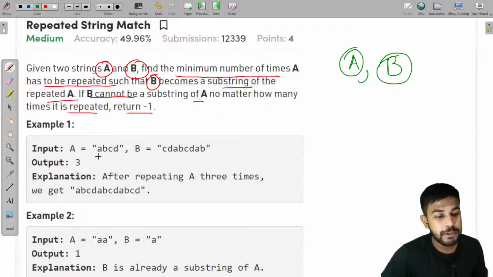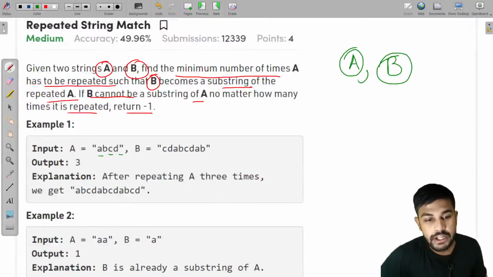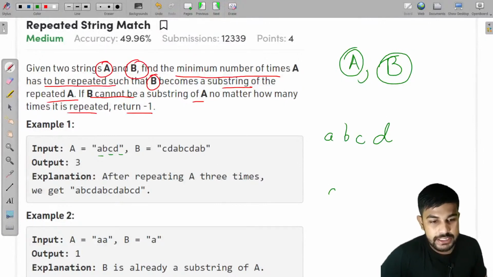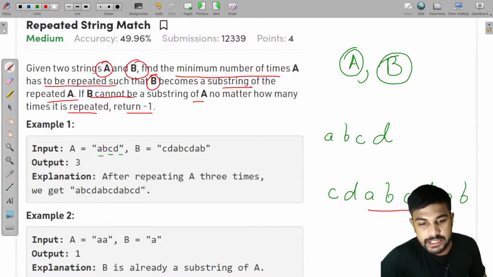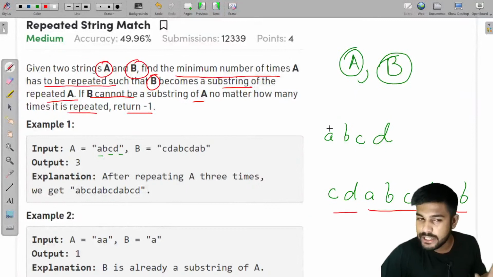Suppose this is A, B, C, D, and we want C, D, A, then B, C, D, A, B. So let's see: A, B, C, D once, then A, B and then C, D. So we can see that we have one whole A, B, C, D, and then one more A, B, C, D is required.